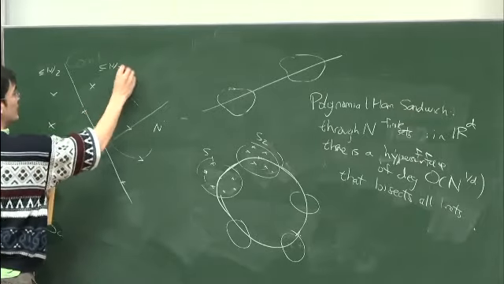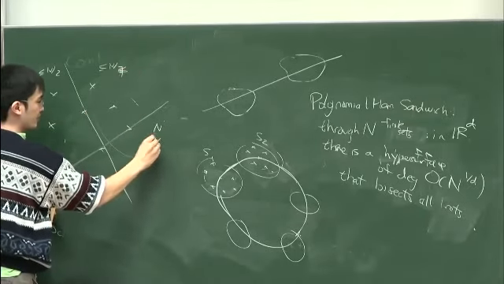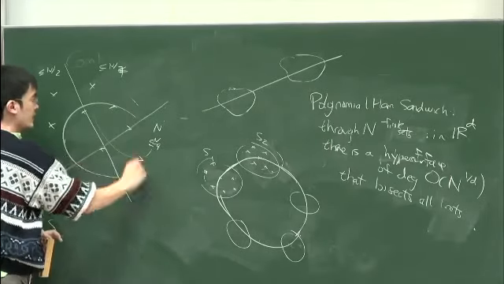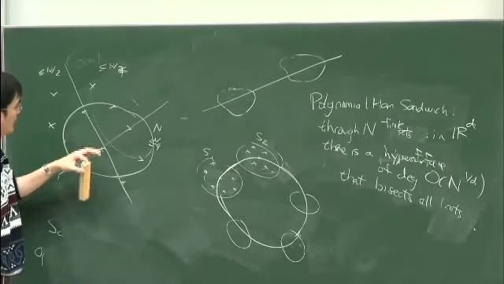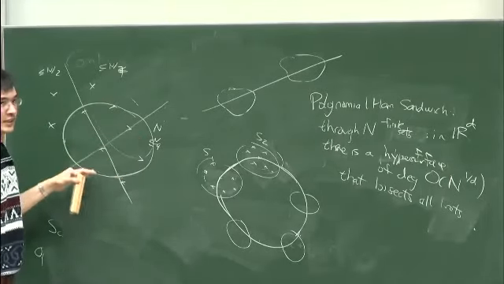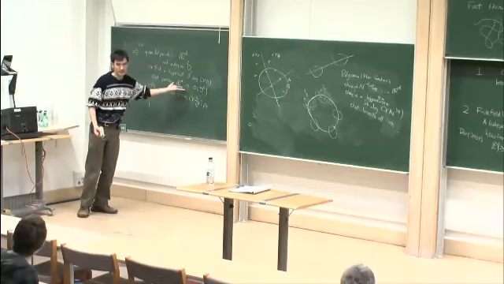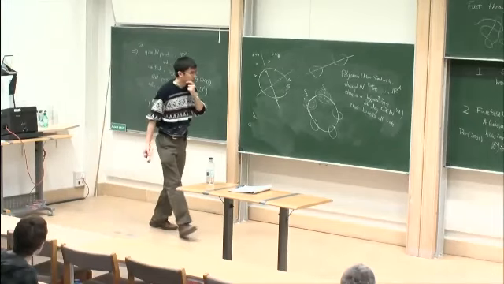Now I have 4 cells, each of which has n over 4 points. At this point I can't use lines anymore, but if I use the polynomial Ham-Sandwich theorem, I can find a conic section which will bisect what's left into 8 cells, each of size about n over 8 points. And you can continue this, and if you keep track of all the degrees, you get this particular fact.